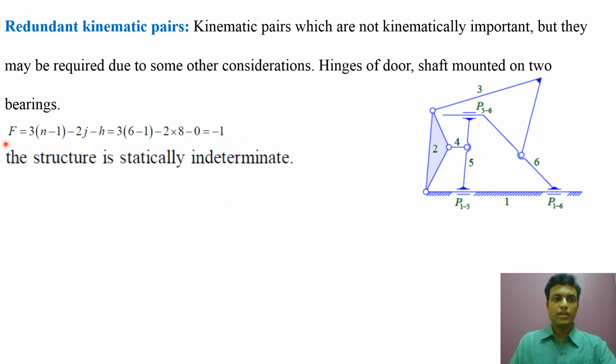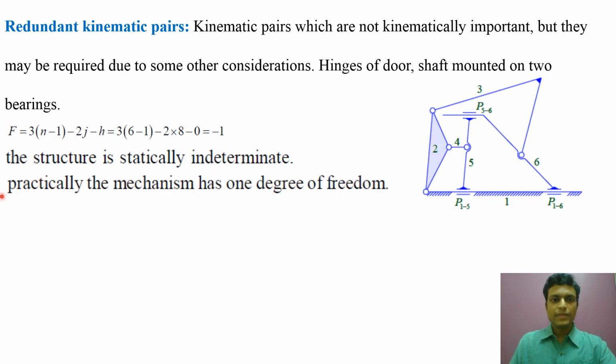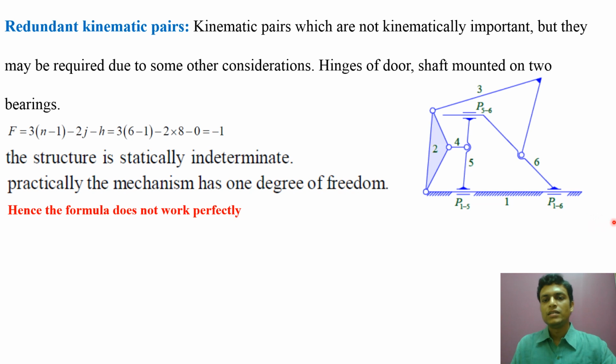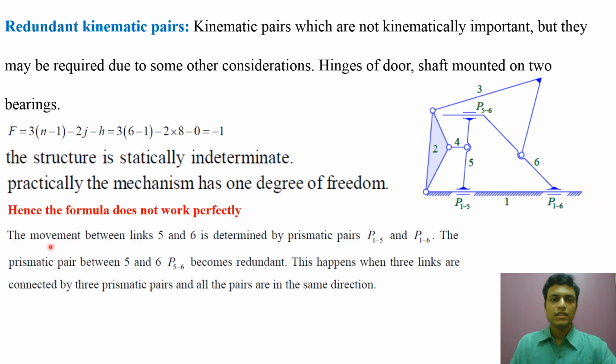The significance of negative degrees of freedom is that the structure is statically indeterminate. But practically the mechanism has 1 degree of freedom. So here also our formula does not work perfectly. What is the reason behind this? The reason is the movement of links 5 and 6, determined by the prismatic pairs P15 and P16.